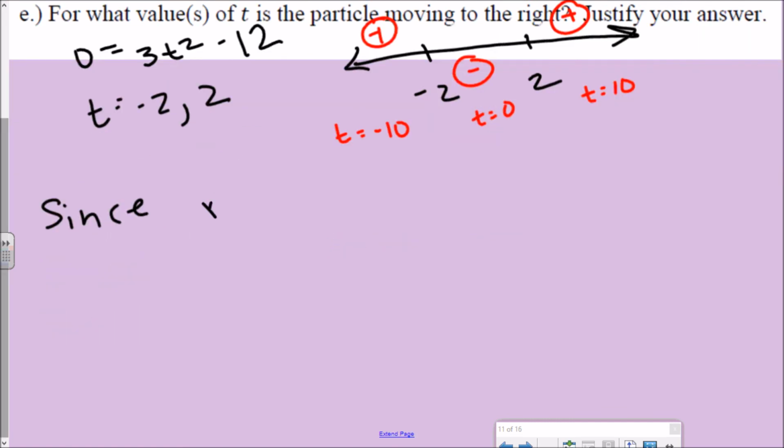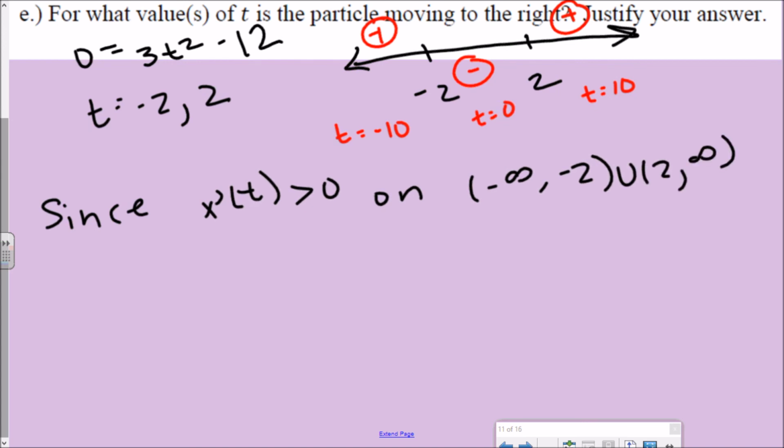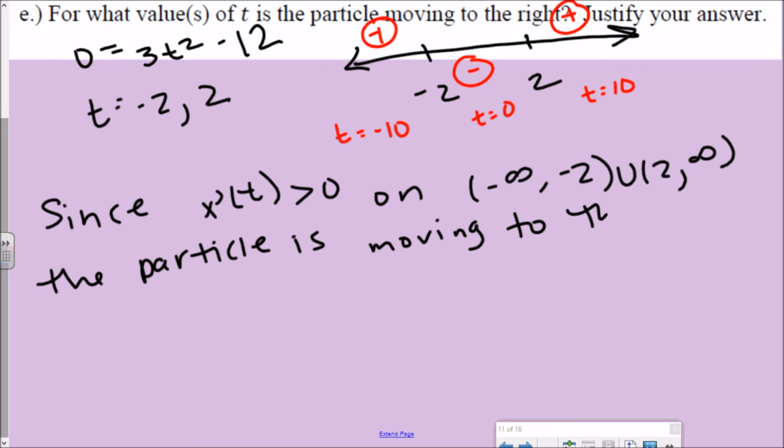Since x prime of t is greater than 0 on negative infinity to negative 2 union 2 to infinity, the particle is moving to the right on negative infinity to negative 2 union 2 to infinity.